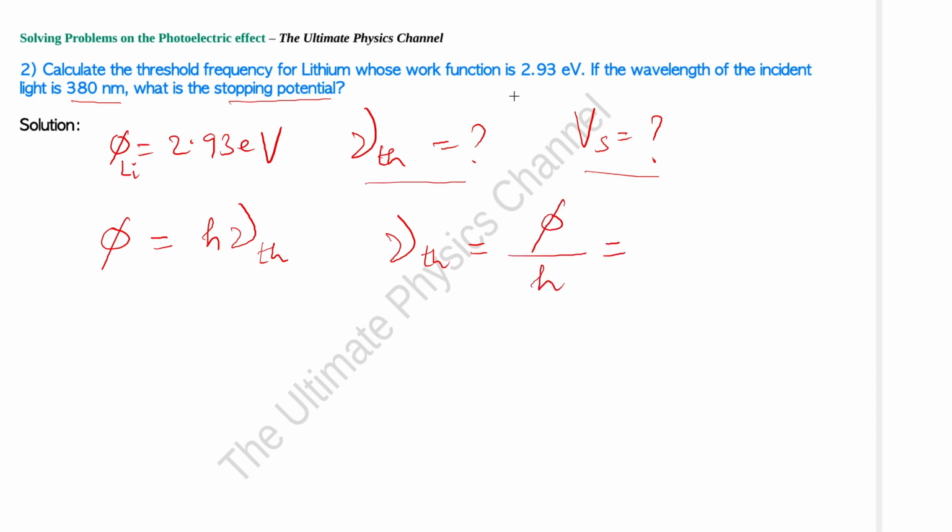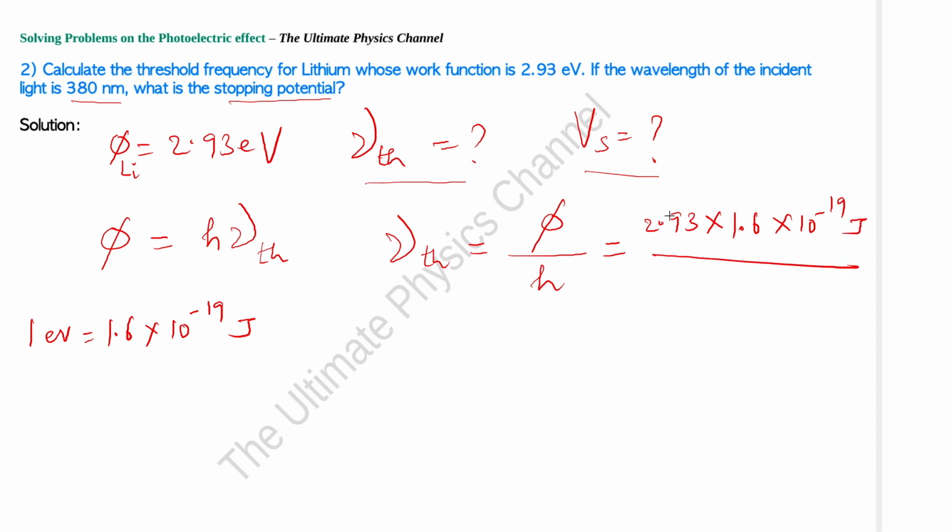Our phi is in electron volt units, so 2.93 eV. I have to convert into joules, so we know that 1 eV is approximately 1.6 times 10 power minus 19 joule. So I'm going to put that number here, 1.6 times 10 power minus 19 joules. Now the work function units have been converted into joule units.